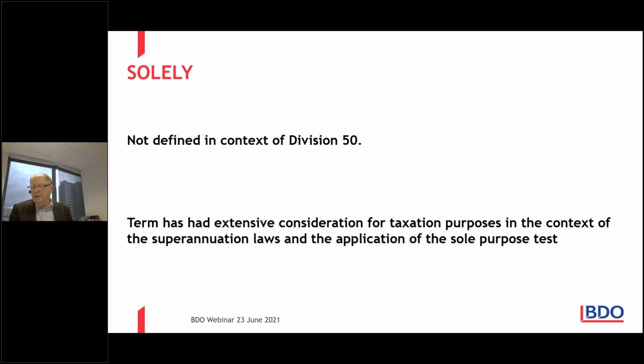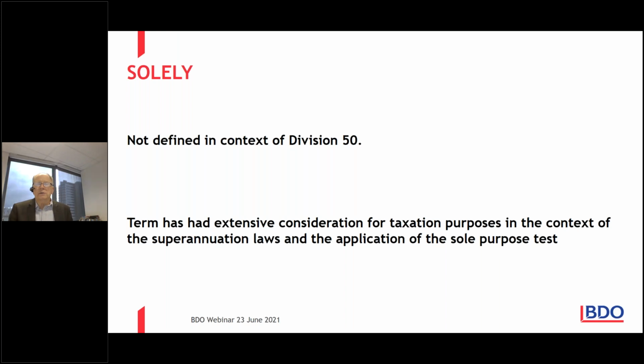debate and consideration as part of the superannuation laws, because when a super fund is set up, it has what's referred to as a sole purpose test. Its sole purpose is to provide superannuation benefits for its members. And so any other purpose means that it flags that super fund fails that test and is therefore unable to be given its concessional treatment.